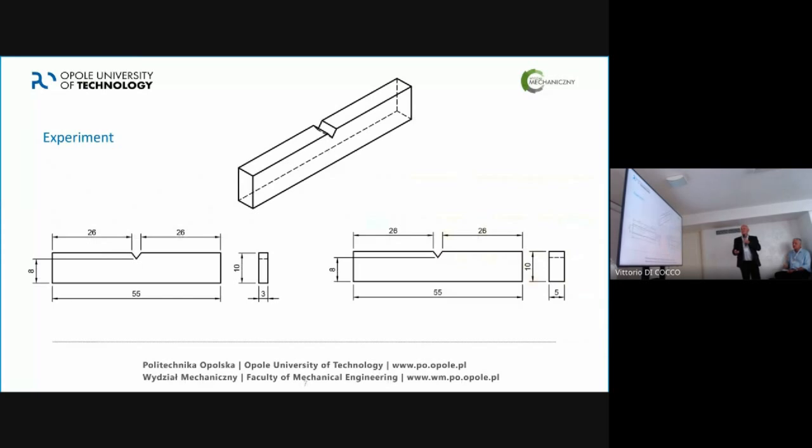We use 2 kinds of specimens for bending, here 3 millimeters and 5 millimeters. So the thickness is involved in the impact strength.